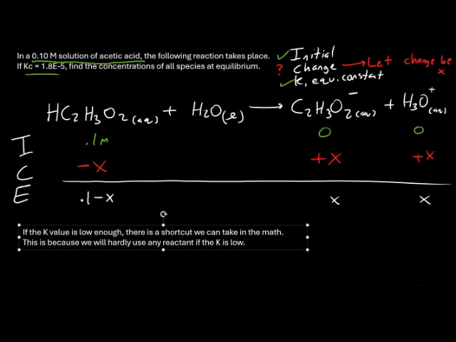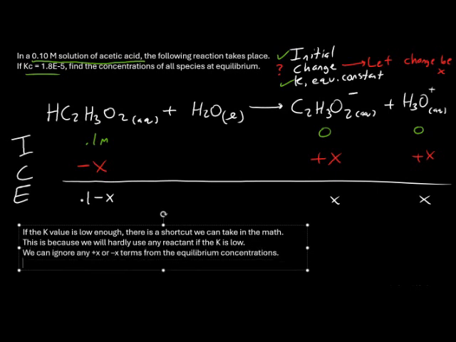The small x approximation tells us that we can remove any plus x's or minus x's from the equilibrium concentrations. However, we do have to keep any lone x's or multiplied x's in the equilibrium concentrations.